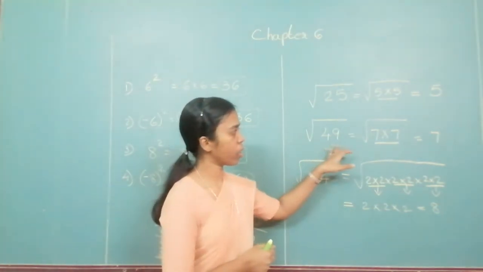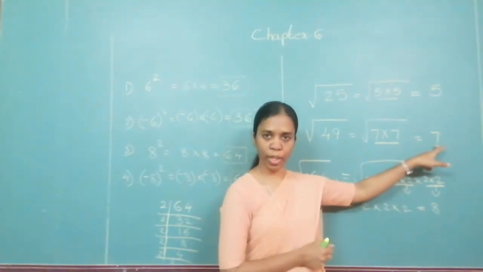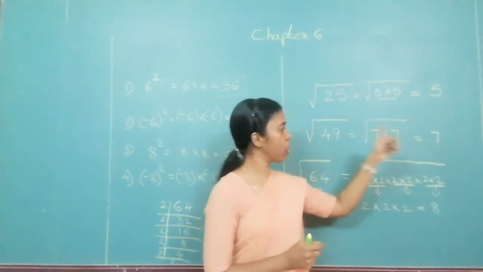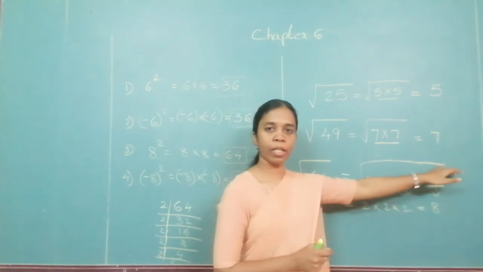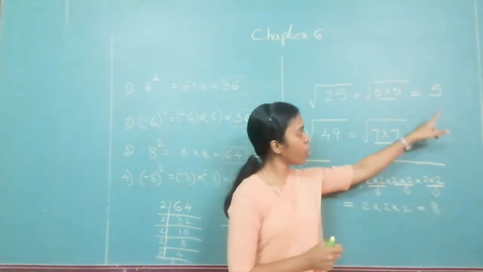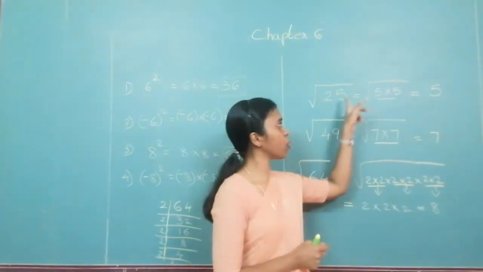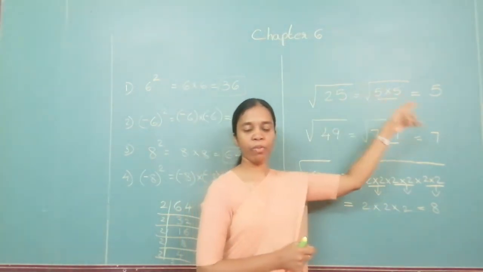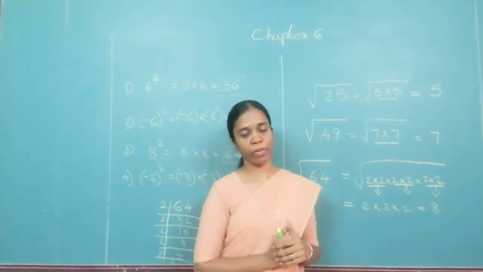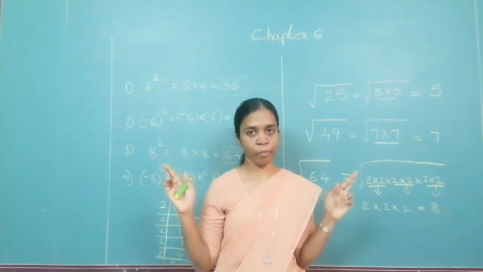If you look at it, 7 squared is 49, square root of 49 is 7. 5 squared is equal to 25, square root of 25 is equal to 5. Are you getting any connection?